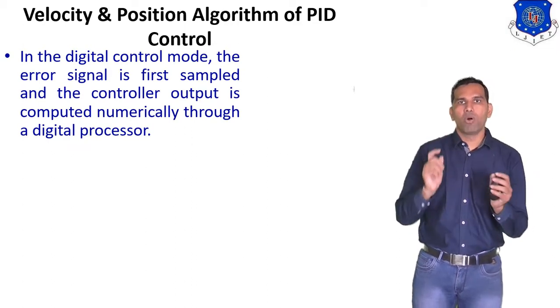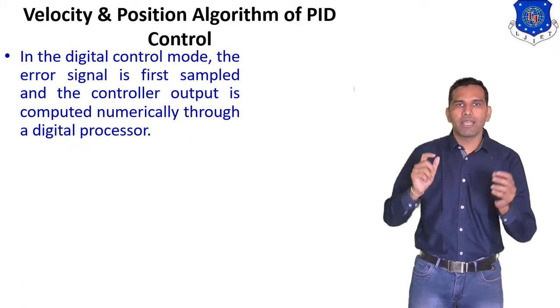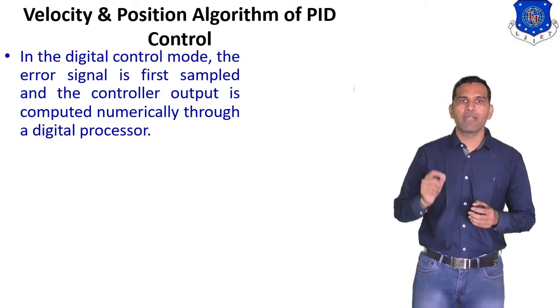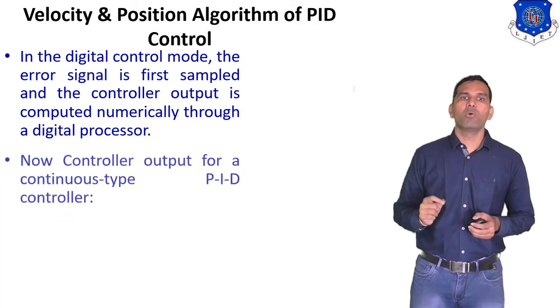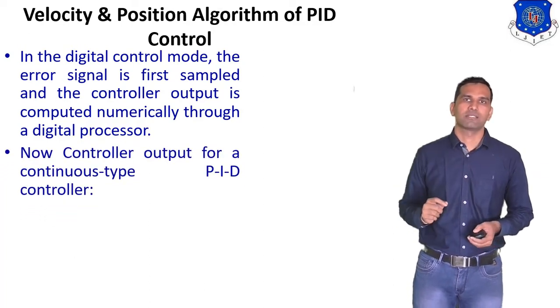In the digital control mode, the error signal is first sampled and the control output is computed numerically through a digital process.